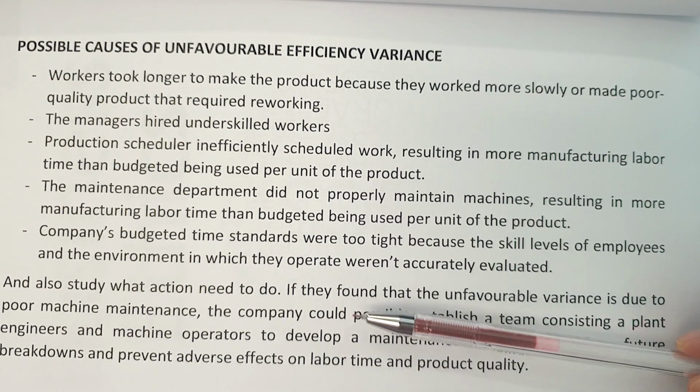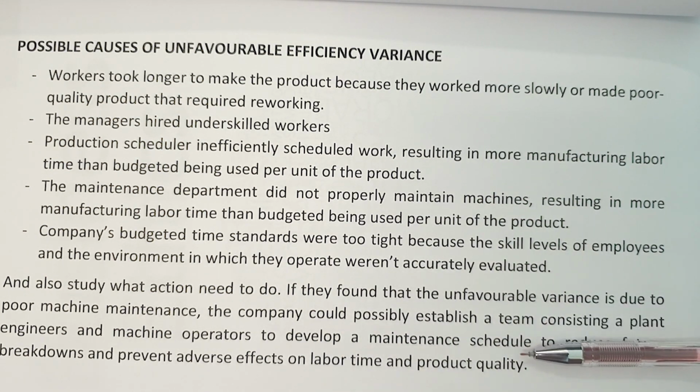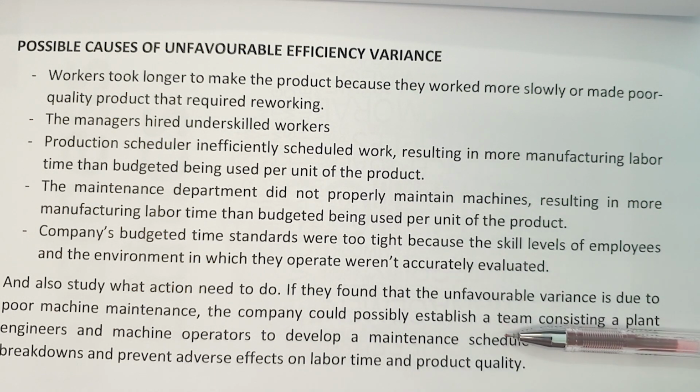So this is part of the action that they can take. For example, if the reason is poor machine maintenance, they should set up a team that specifically focuses on machine maintenance and makes sure that the machine can work efficiently and run smoothly as planned.